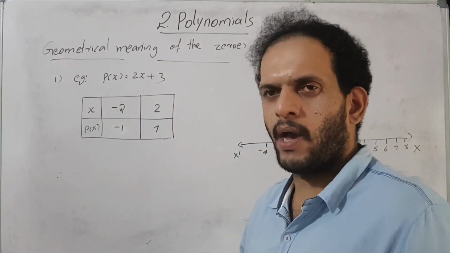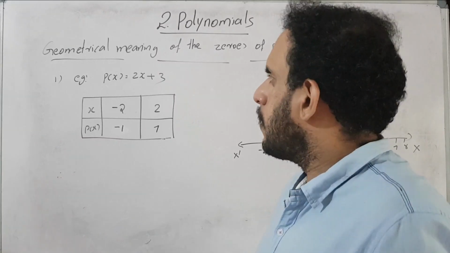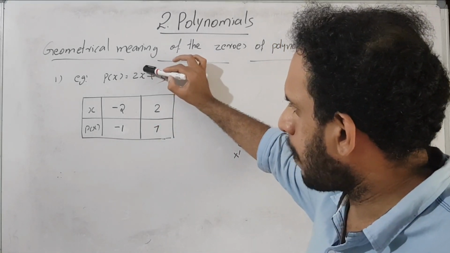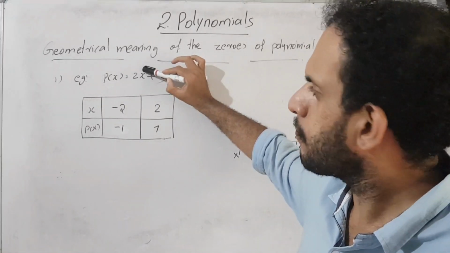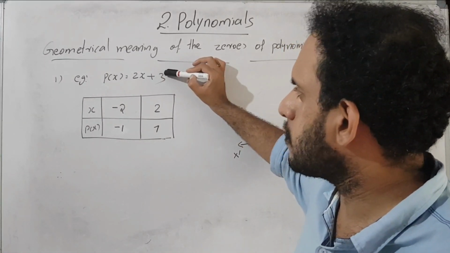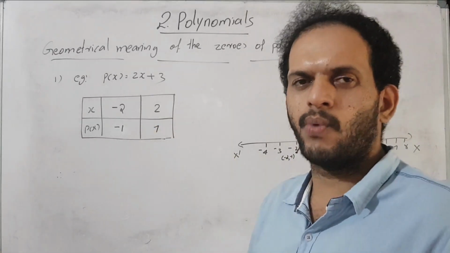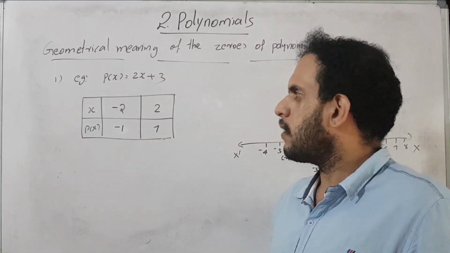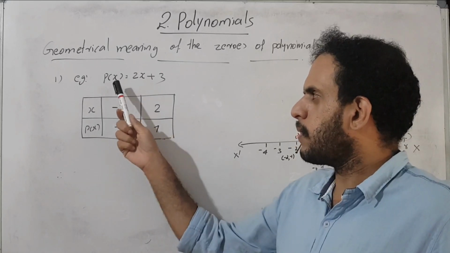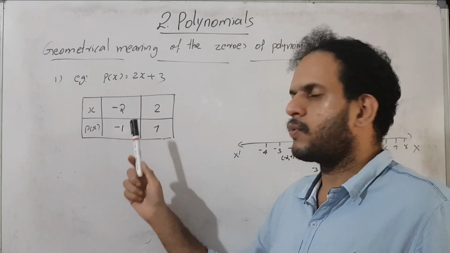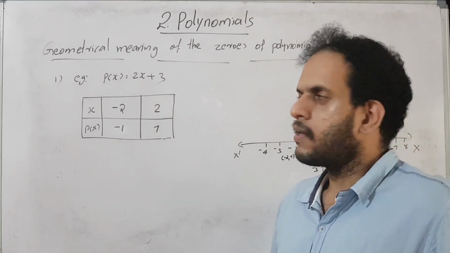Then what do we get for p of x? 2 into minus 2 is minus 4. Minus 4 plus 3 is equal to minus 1. So p of x is equal to minus 1. The corresponding p of x value is minus 1.